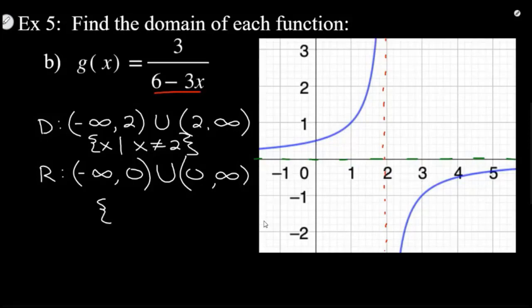Well, I guess we're saying g of x such that g of x does not equal 0. Just throwing out that one number. So that's two possibilities. We will probably focus on interval notation in this class, but you do have that other option because we did talk about both the set builder notation and the interval notation.